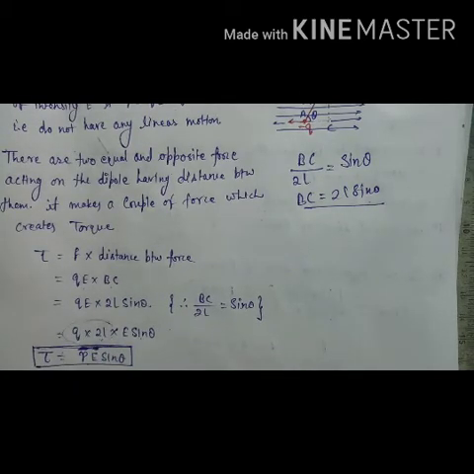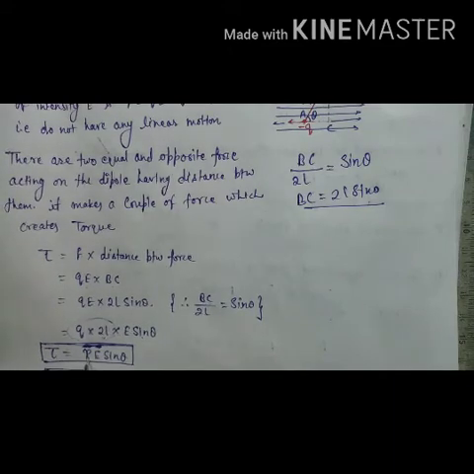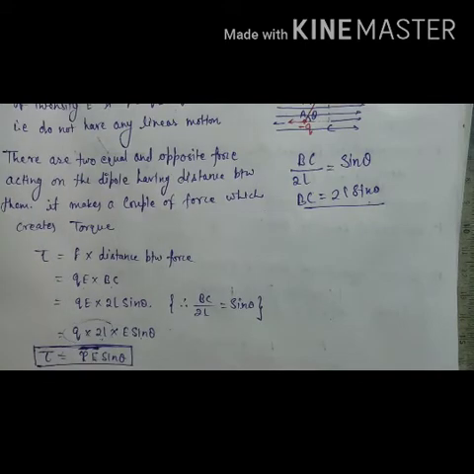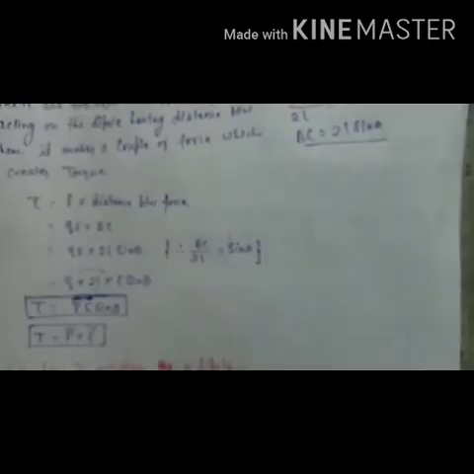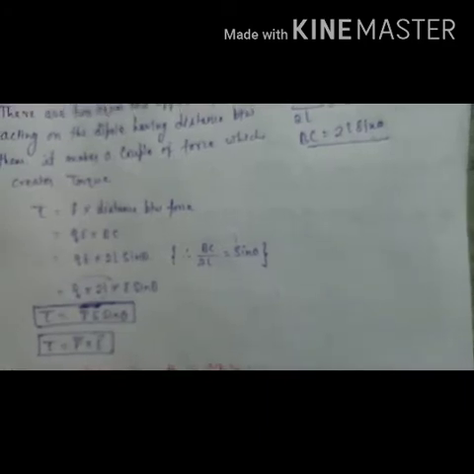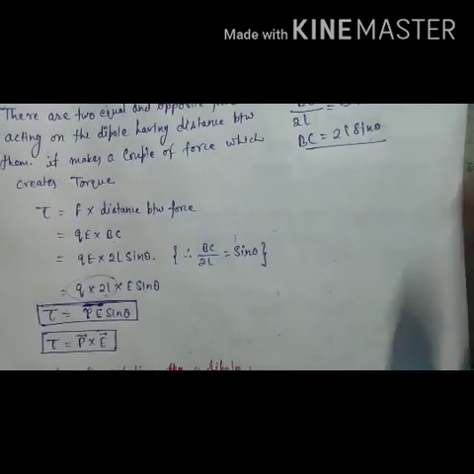This is the dipole moment, so torque is equal to pE sine theta. We know the dipole moment is a vector quantity and the electric field intensity is a vector quantity, so torque is always a vector quantity. So torque is the cross product of the dipole moment and the electric field intensity.